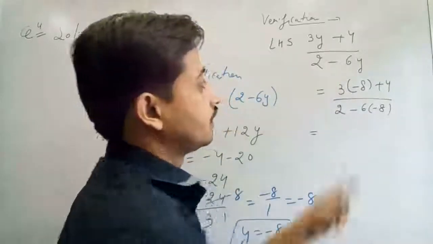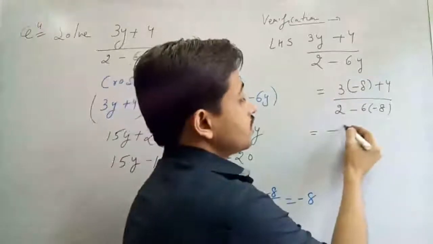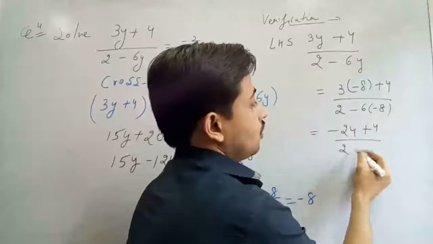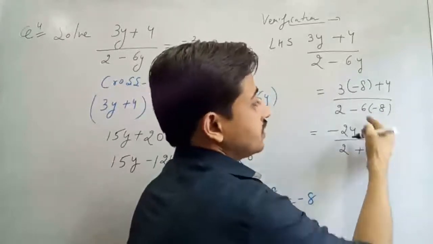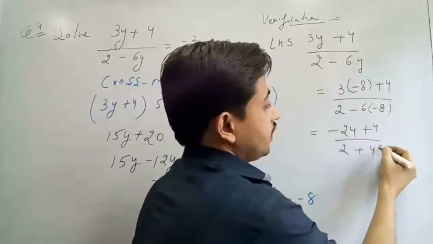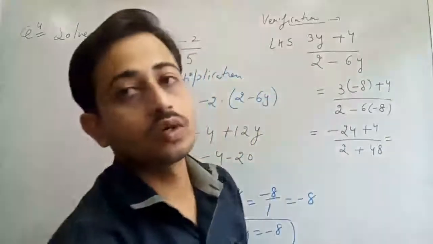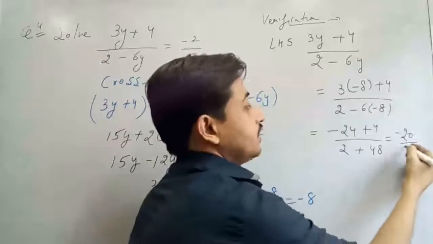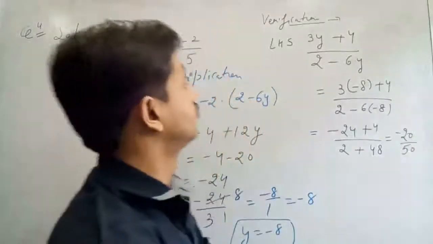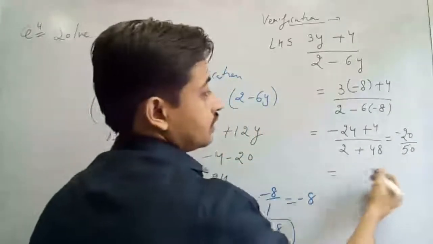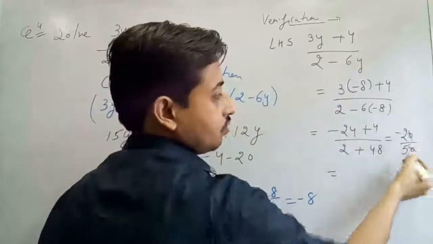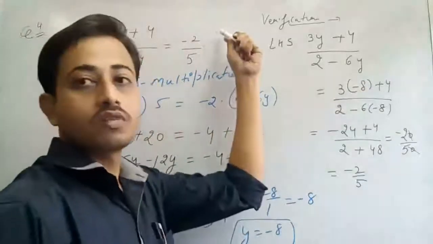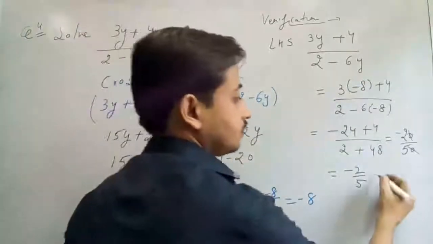Now solve this. 3 into minus 8 we get minus 24 plus 4. Same here, 2, the negative becomes positive. 6 into 8 is 48. So we get minus 24 plus 4, which is minus 20. Same here, 48 plus 2 we get 50. Now 0 is cancelled out with 0. We get minus 2 by 5, and minus 2 by 5 is your right hand side.